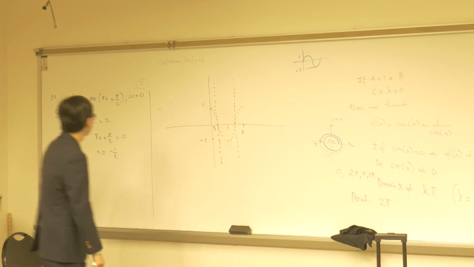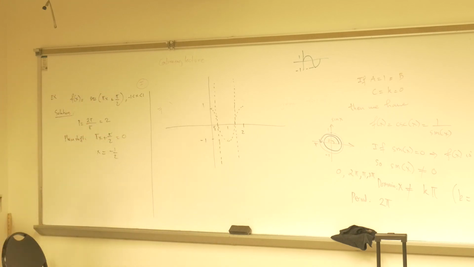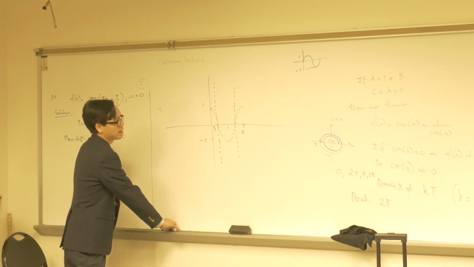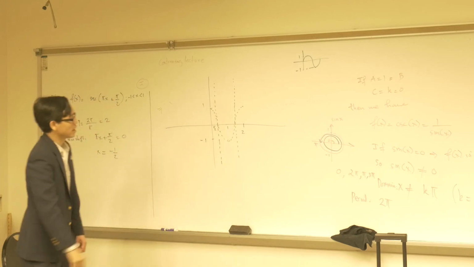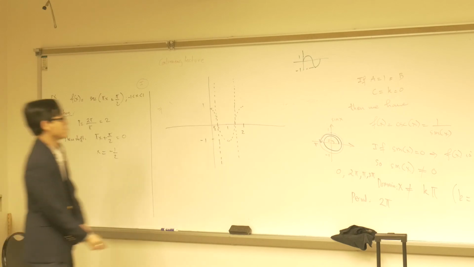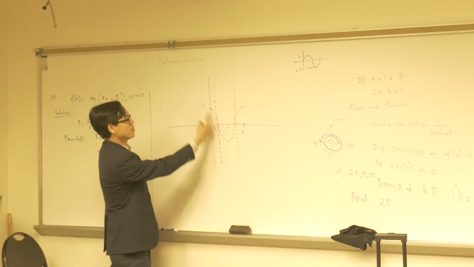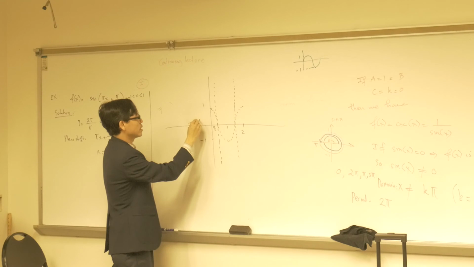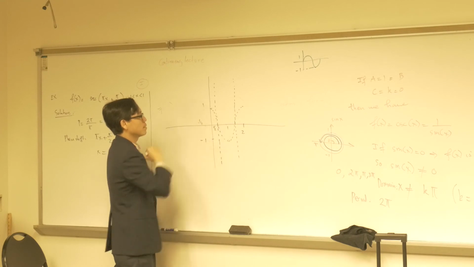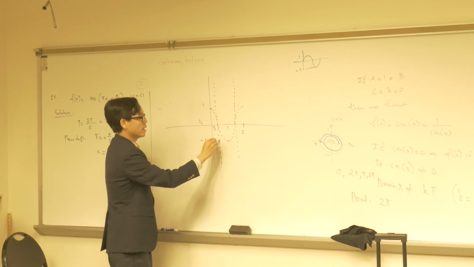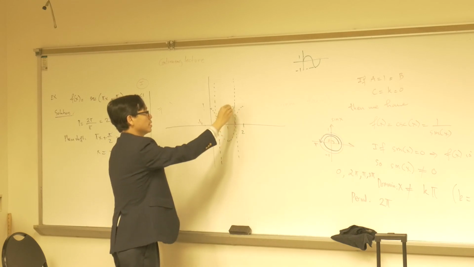Now we're going to shift half unit to the left. So I'm going to shift the dotted curve half unit to the left. I move the whole thing to the left. This is negative half right here. So it becomes like that, like this, and like that.